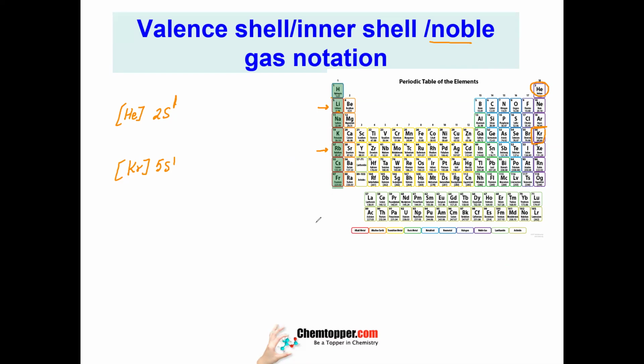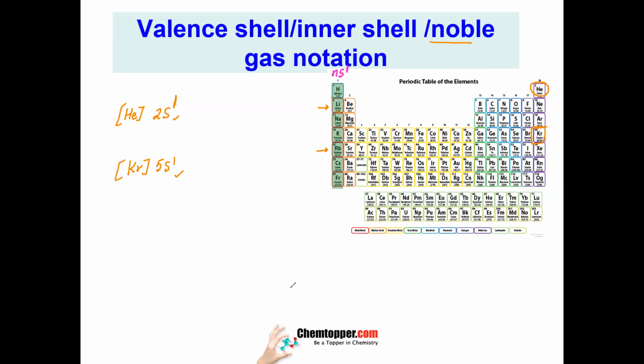So what's the configuration of the outermost shell? Outermost shell, this one, s1. So the general configuration of group 1 is ns1. Agreed? Bhavya, is it okay?